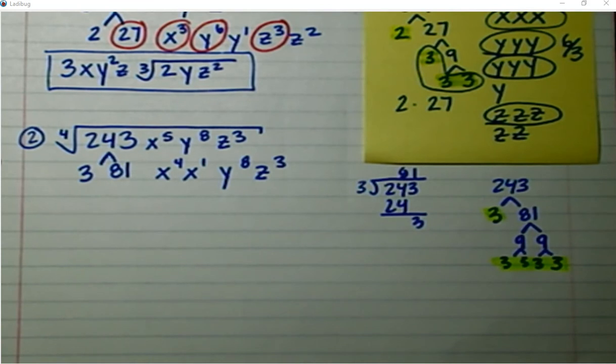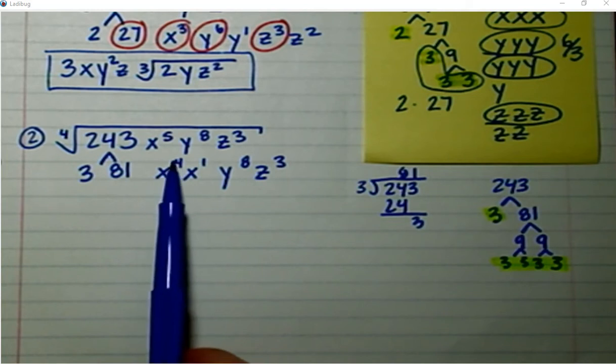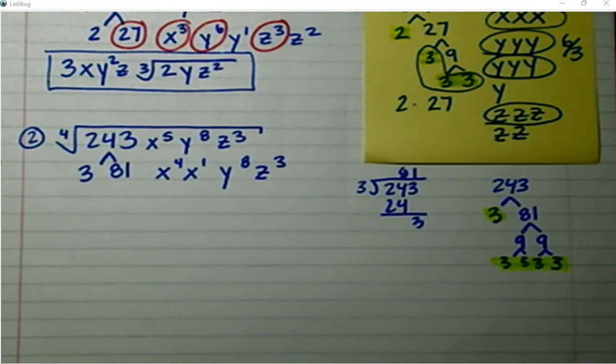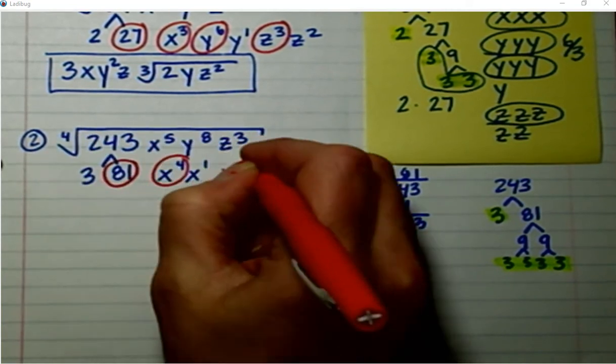So I'm not going to split that up. The reason I do x to the 4th and x to the 1st is because 4 plus 1 is 5. So now that I've split this up, I'm going to circle everything that's a perfect 4th root.